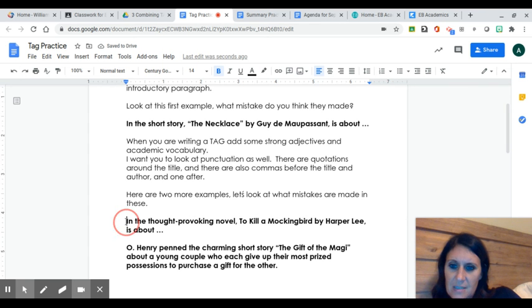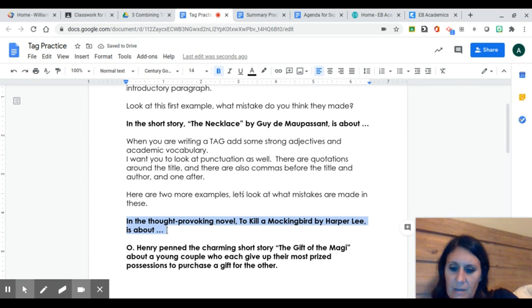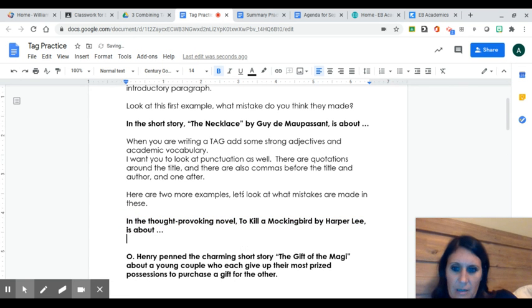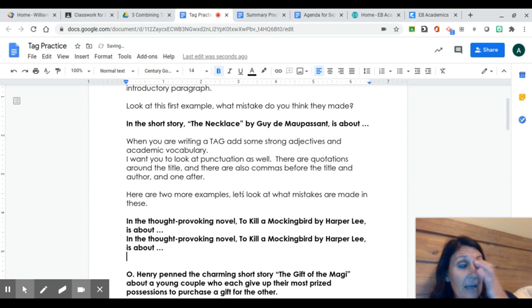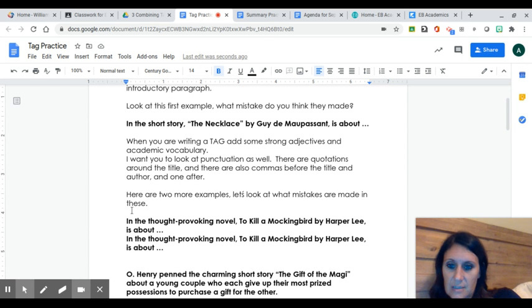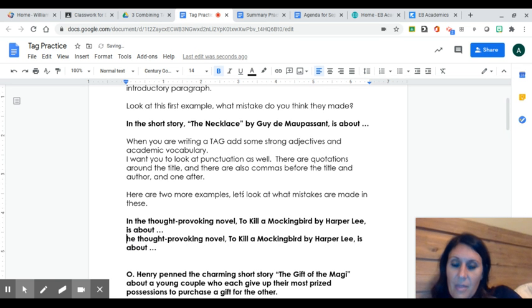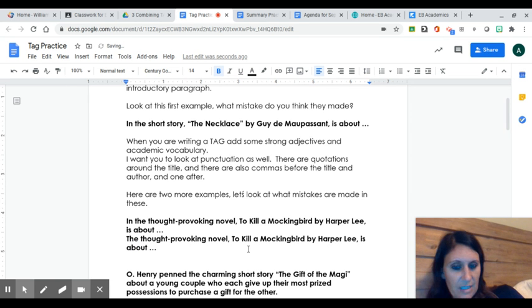I'm going to make a copy of this and we're going to correct it. We're going to put a new one right here so that you guys can see what is incorrect and what's correct. So we're going to take out the "in" and we're going to have the thought provoking novel, To Kill a Mockingbird by Harper Lee, is about. Now, one of the other things that they're forgetting is we need to make sure that we put quotations around.